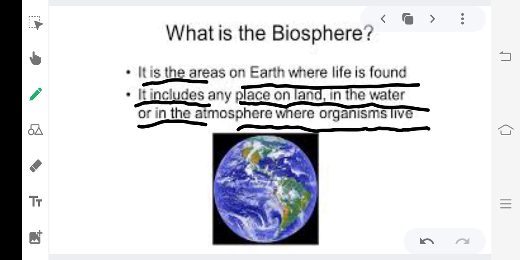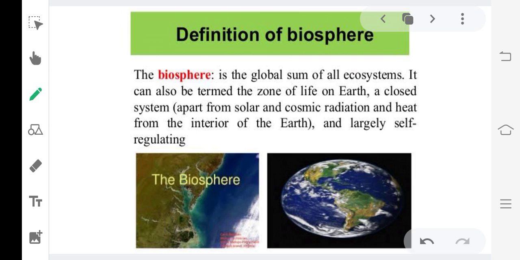The definition of biosphere is the global sum of all ecosystems. It can also be termed the zone of life on earth, a closed system apart from solar and cosmic radiation and heat from the interior of the earth, and largely self regulating.